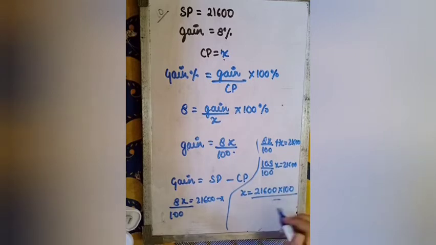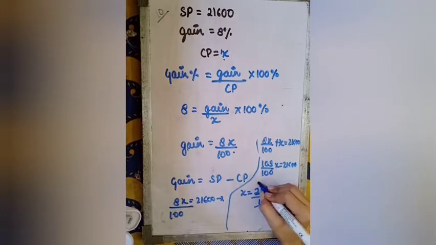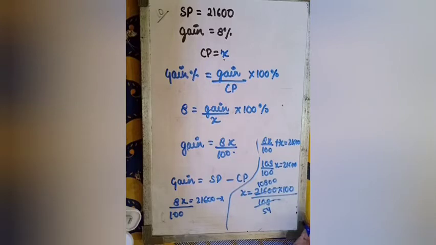Solve it. 2 fives are 10, 2 fours are 8, 2 ones are 2, 2 eights are 16, 0 0. 2 ones are 2, 2 twos are 4, 2 sevens are 14, 5400. So it is 2 0 0 0 0. So the cost price is 20,000.